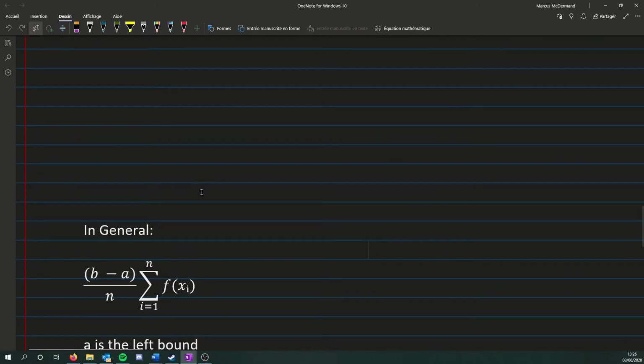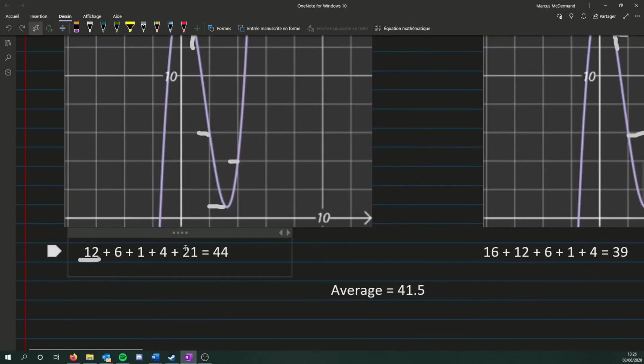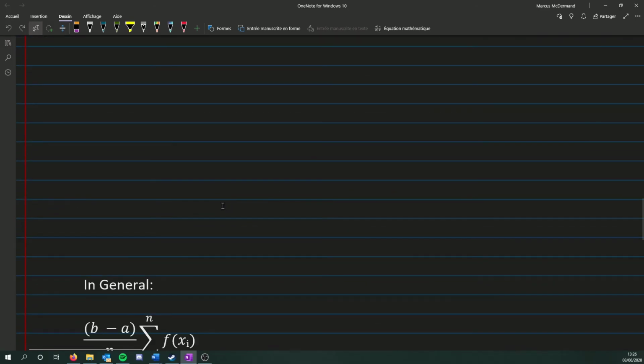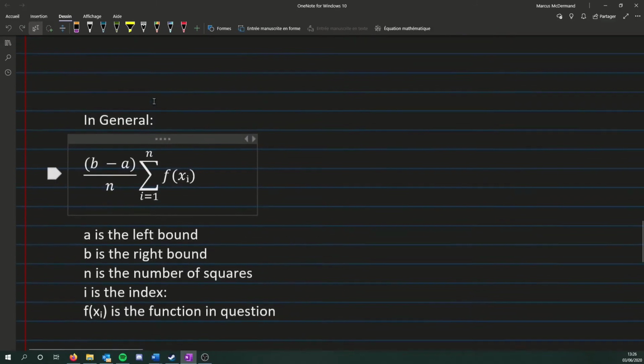I hope that made a single shred of sense. And then finally, you're going from the index which starts at 1, going all the way up to how many there are. You go from the first x, second, third, fourth, and oh look, there's 5, end of 5.